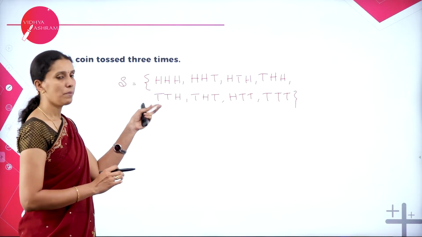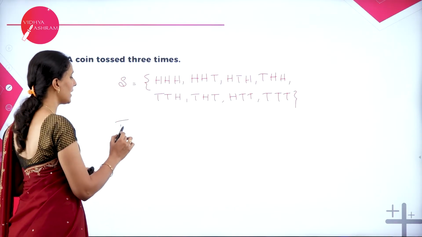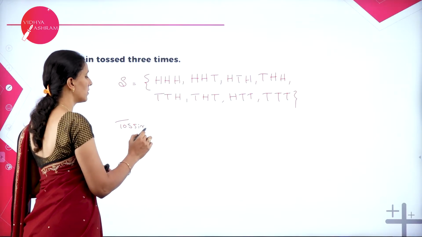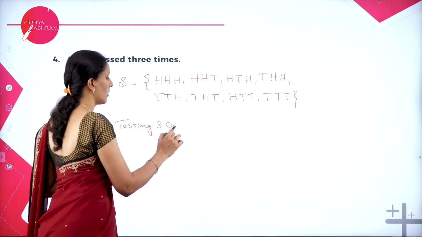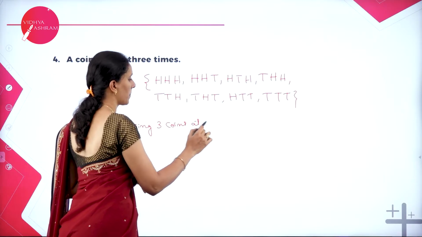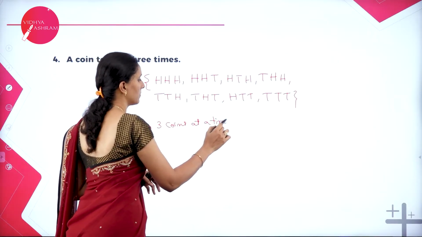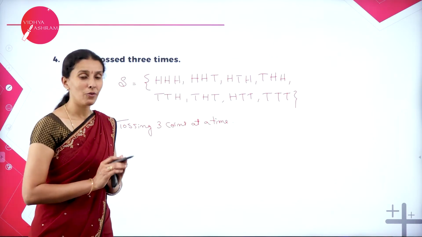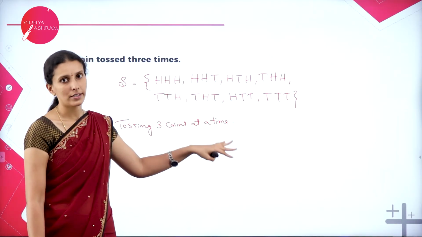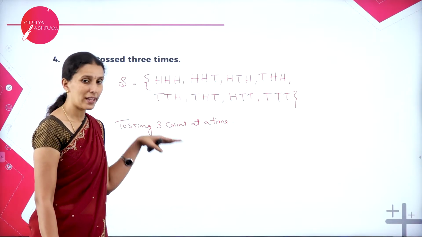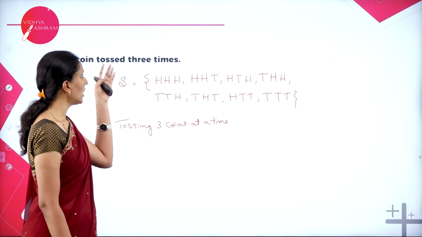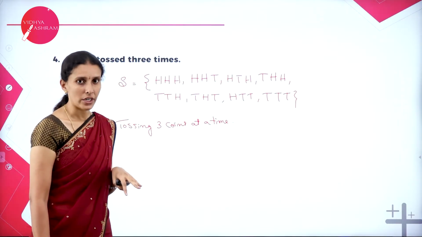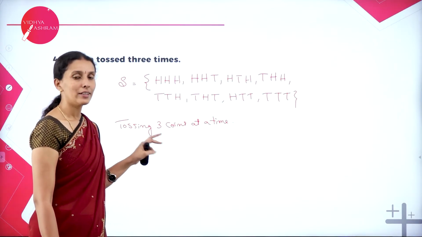This is the same as tossing 3 coins at a time. A coin tossed 3 times is equivalent to tossing 3 coins at a time, so the sample space for both experiments is the same. Here you are repeating the same coin 3 times; here you are taking 3 coins at a time.